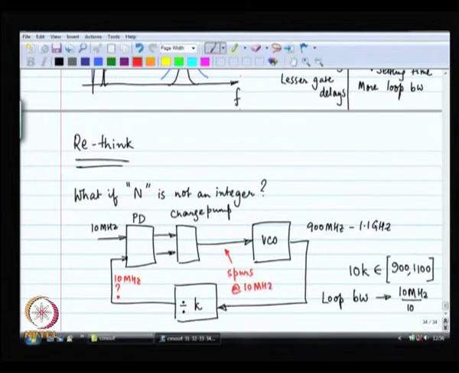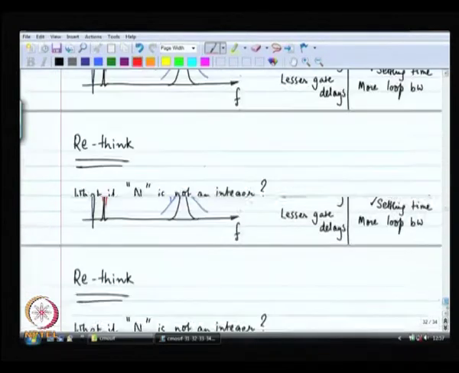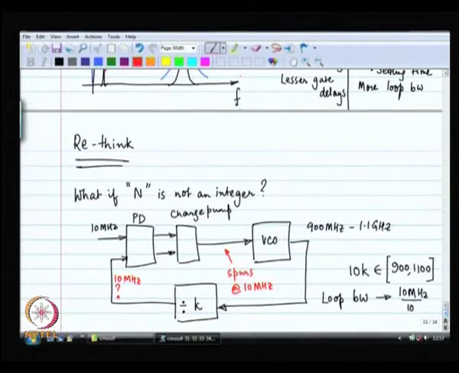And since my loop bandwidth is 1 megahertz, 10 megahertz will have the same 20 dB rejection as before, right. Whatever I was getting at 1 megahertz, I will get the same tone, but at 10 megahertz. So, in that sense also this seems to be better.